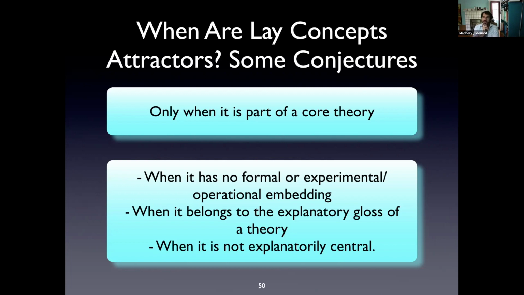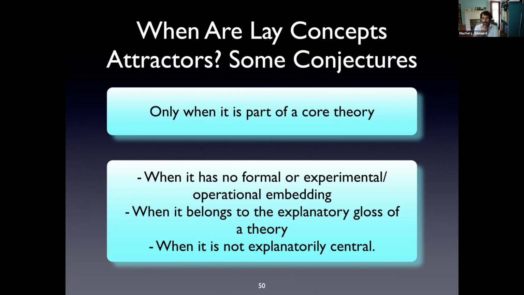The second point I wanted to make is about the functional role of concepts. When a concept is part of a theory, it's going to be working as an attractor when one of the following three situations holds. When it's not embedded formally or operationally.